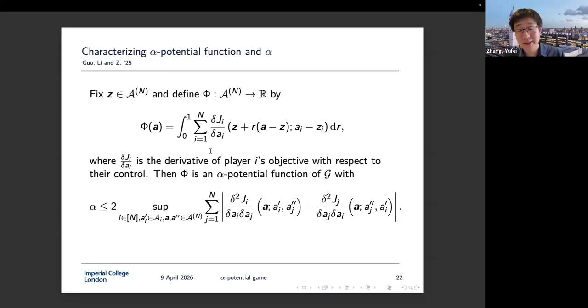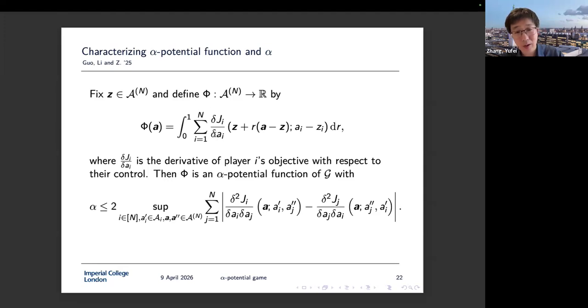So we show that, considering the previous generic game, you can construct an alpha potential function through some sort of aggregation over all players' objective functions' gradients. In particular, this means that for each player i, you differentiate player i's objective function with respect to player i's own control strategy.